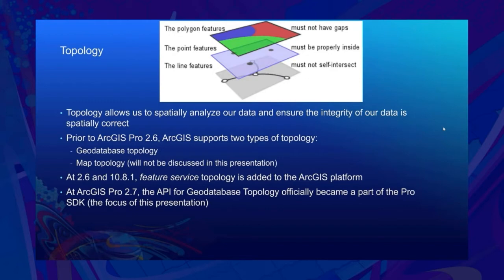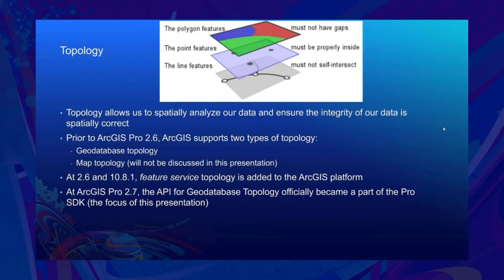The first is Geodatabase topology, and the second is map topology. Map topology is a simple topology that you can impose on simple features on a map during an edit session. Map topology will not be discussed in this presentation.